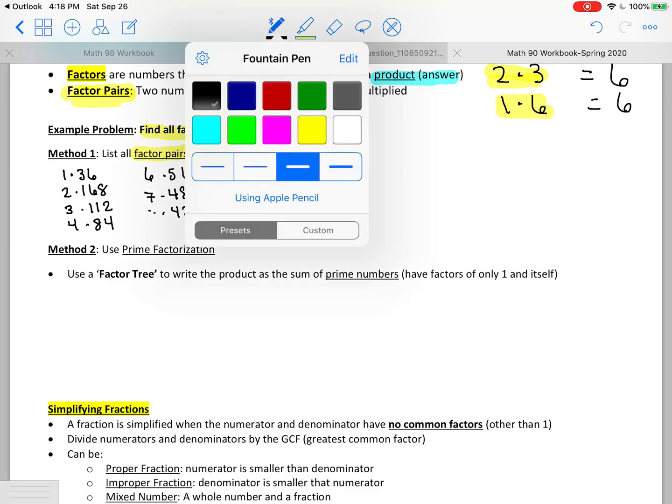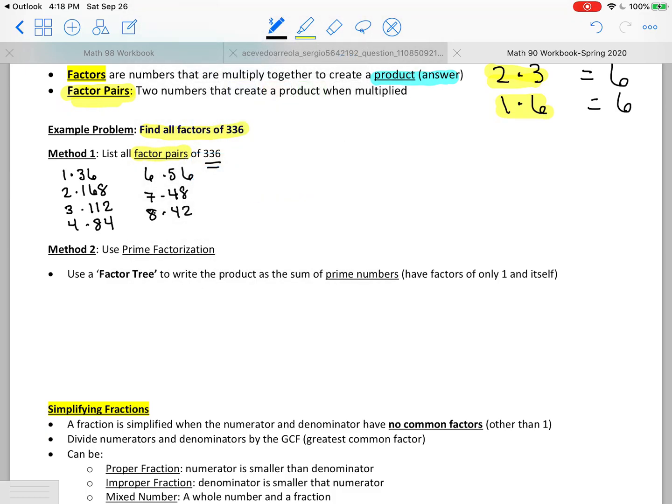336 divided by 12 does work. Okay, I need to put that back to my pen here. So 12 times 28. And you guys get the hint here. We're going to just kind of keep going until we close the gap between these numbers here.